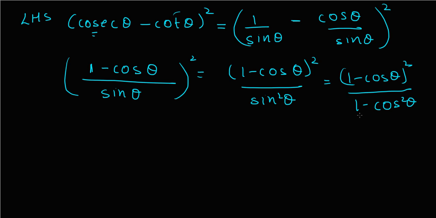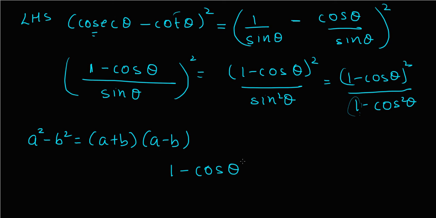Now this is of the form A square minus B square, which I can write as A plus B into A minus B. So it is (1 minus cos theta) whole square by (1 plus cos theta) into (1 minus cos theta), since it's of the form A square minus B square, where A is 1 and B is cos theta.